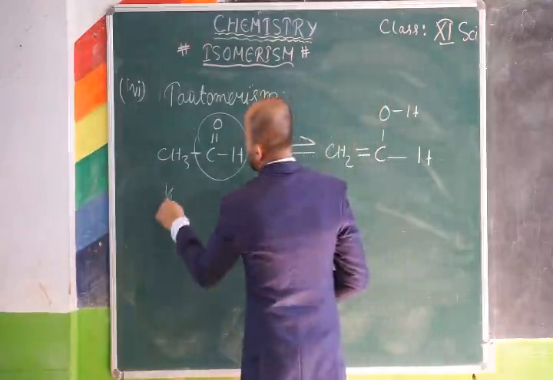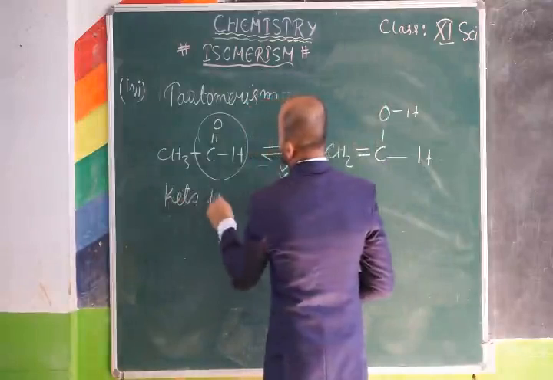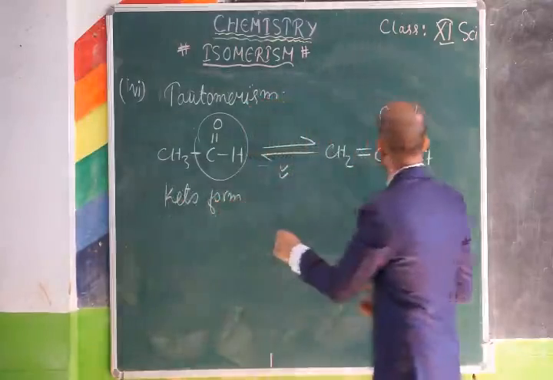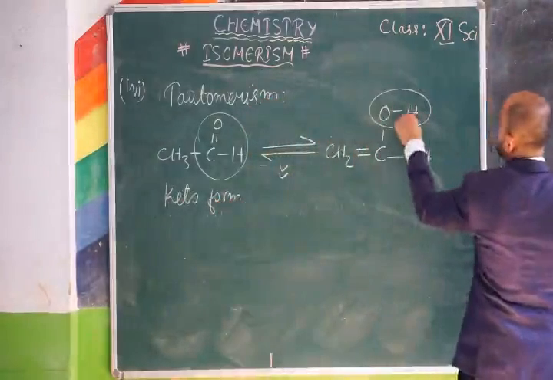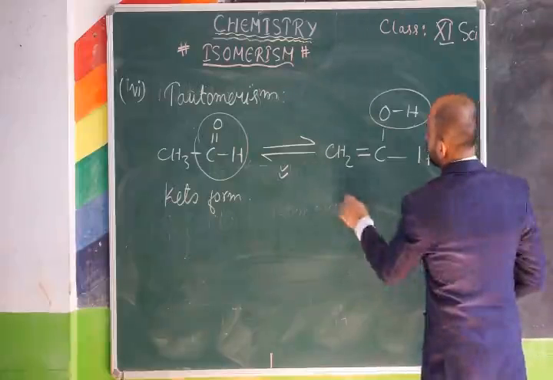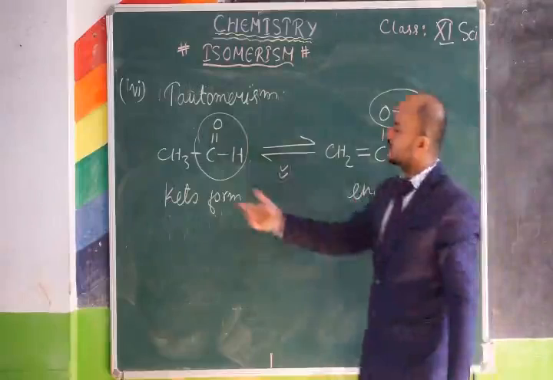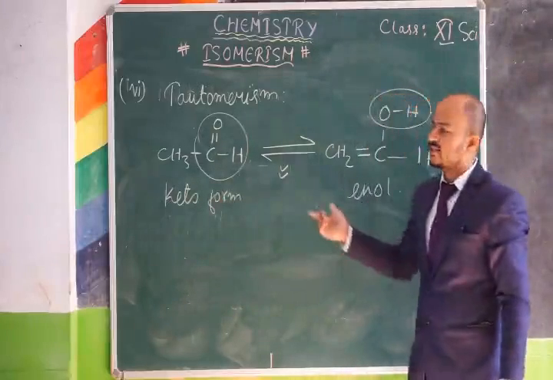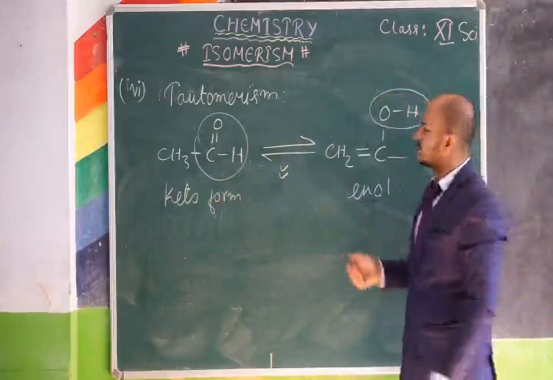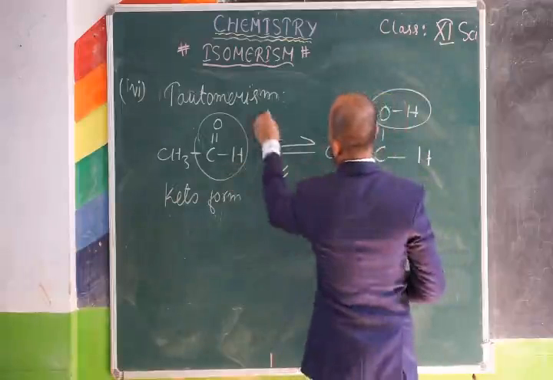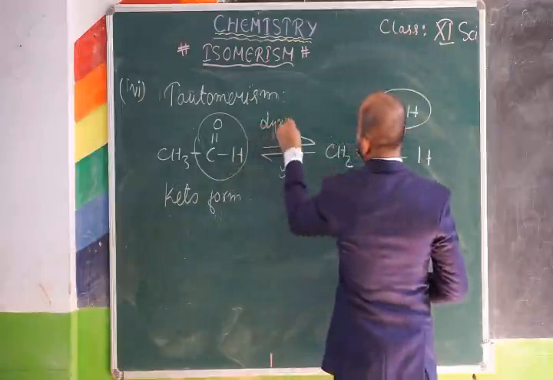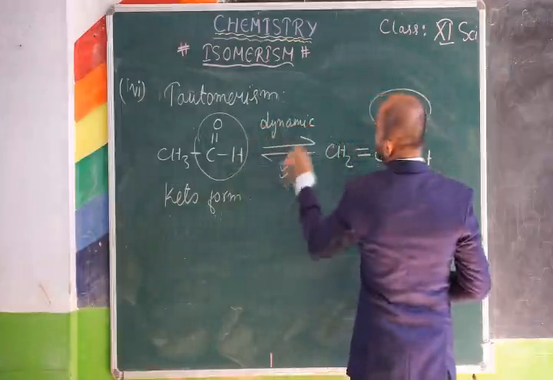So this is the keto form. And here you can see that this OH is present. OH is alcohol. And this is known as enol. So these two are known as keto-enol tautomerism, and don't forget these two are in dynamic equilibrium.